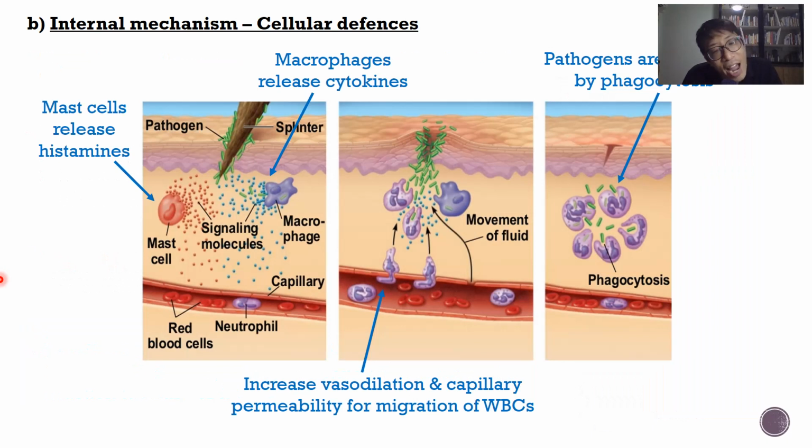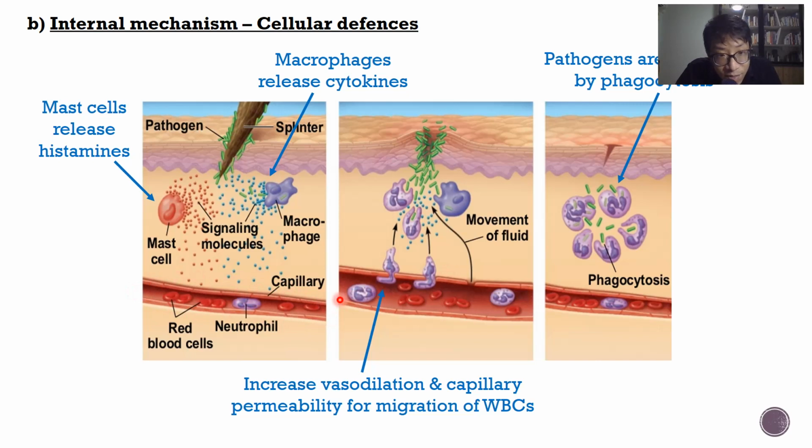Okay, so again, another diagram. Now this one you have in your notes, but I have added a bit more in annotation, right, to talk about how the cytokines, right, released by the macrophages here, and these are histamines and other kinds of signaling molecules, they both serve similar functions to cause inflammation, to cause the blood vessels here, the capillary here, to have increased blood flow, and also to increase the permeability.